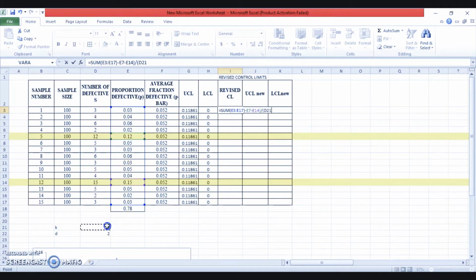So the value of k is 15 minus d. Hence we get the revised value of your central line as 0.039. And before moving ahead, we need to incorporate the dollar sign so that you can get the values for the rest of the sample.